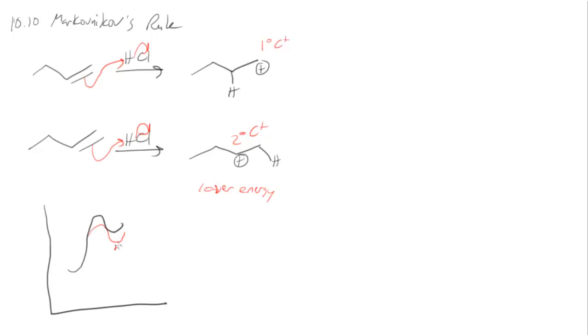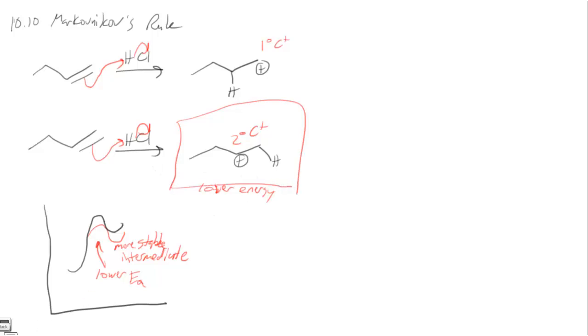So here's my more stable intermediate. And this is actually based on Hammond's postulate. It means I've got a lower activation energy. So it's more likely to form. So I'll form more of this intermediate.